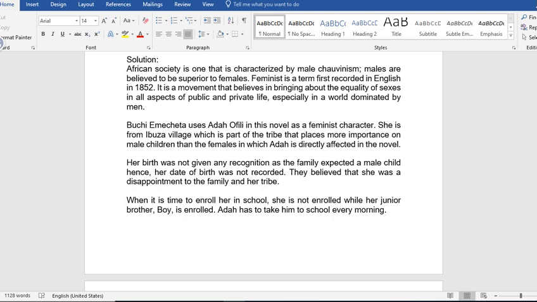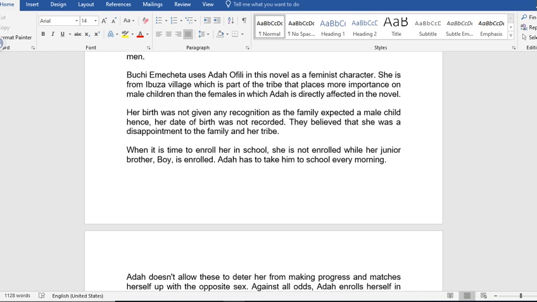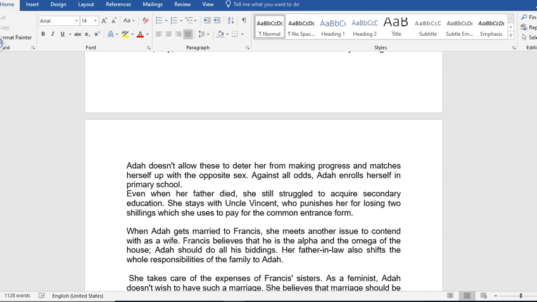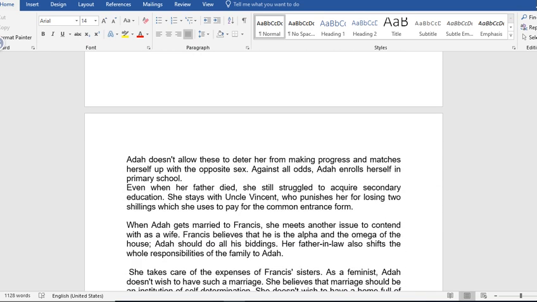When it is time to enroll her in school, she is not enrolled, while her junior brother, a boy, is enrolled. Ada has to take him to school every morning. You can see that there. Ada was not enrolled, but her brother was enrolled, and she has to take him to school every morning.